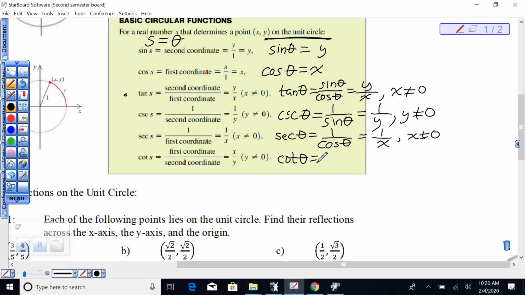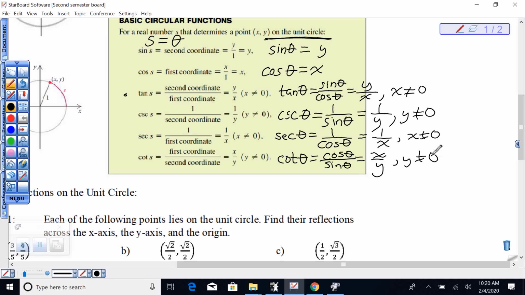So in terms of sine and cosine, cotangent would be cosine theta over sine theta, which is x over y, as long as we restrict that y cannot equal 0.